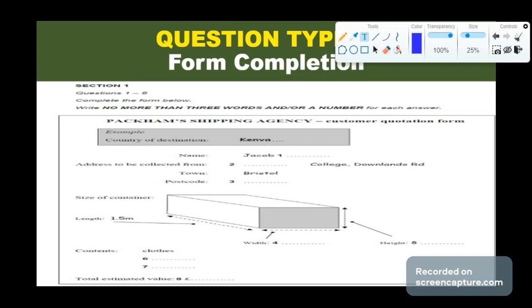All right? If you are taking the computer delivered test, then of course you have to type in the answers with your keyboard, just as I am doing right now. So now let's listen to the audio, and then we attempt to answer the questions.